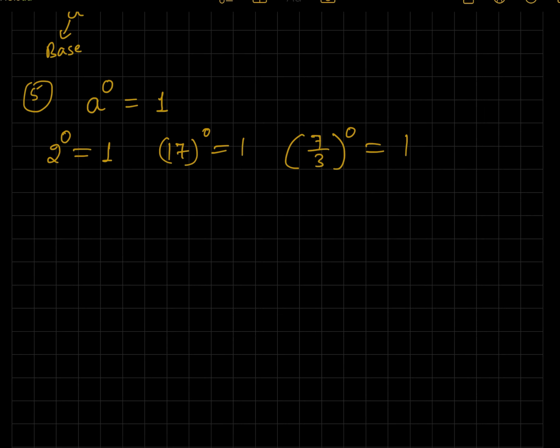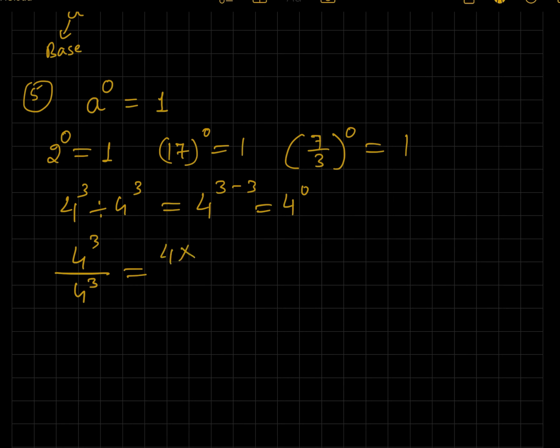We can see this, like if it is 4 raised to 3 divided by 4 raised to 3. So when it is division, then what do we do? We subtract the powers. So we say this is 4 raised to 3 minus 3, which is 4 raised to 0. Now 4 raised to 3 divided by 4 raised to 3, we can write it this way, correct?